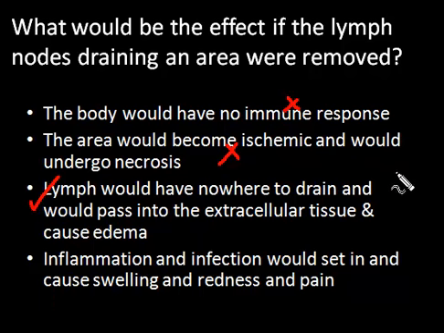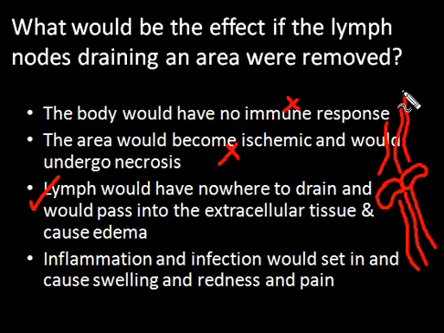So imagine you have a particular area, you have lymph vessels which go and drain into lymph nodes in that area. From this, lymph passes up and goes further upwards. Now you'd remove this. So what will happen? The lymph has nowhere to go, because these lymph nodes are removed. It's like a toll gate in the middle has been removed. So lymph naturally will collect in these lymphatic vessels, which will get engorged.